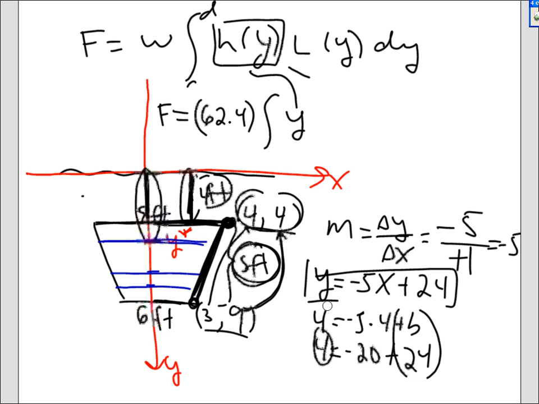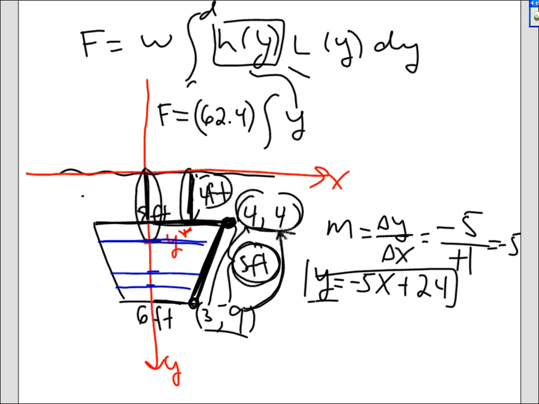Now, I want to know how long x is. Given some point y, I want to know how long this is. In fact, I'm going to double it to find out how long the whole thing is. But for right now, given some height y, I want to find x.